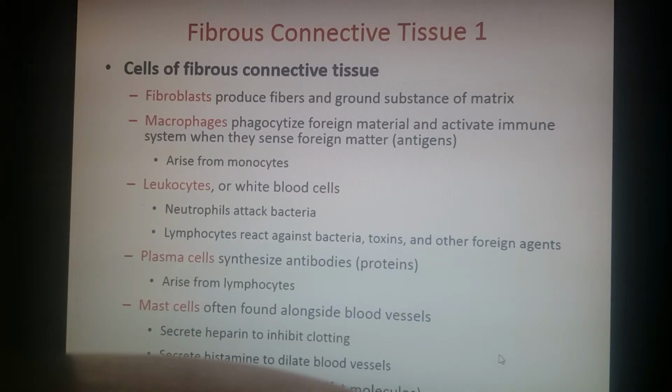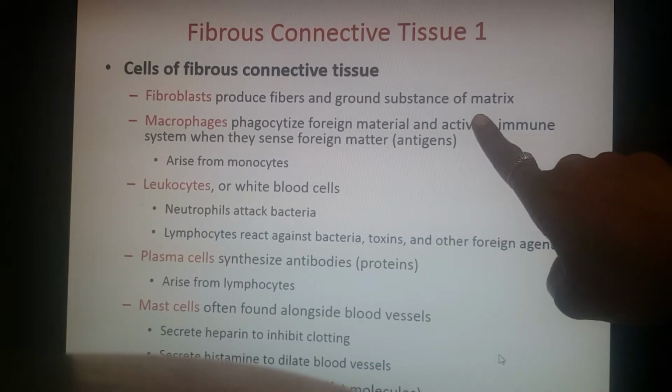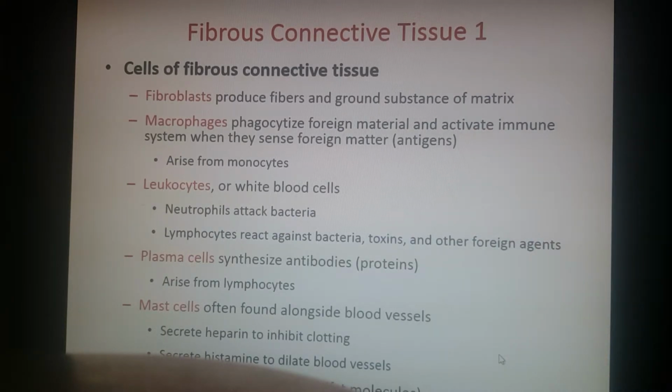We'll see specialized blast builder cells in two more tissue types in this connective category. So going back to our basic fibroblasts, they create the fibers as well as the ground substance for the matrix, so it helps to provide the scaffold or supporting structure for this tissue.